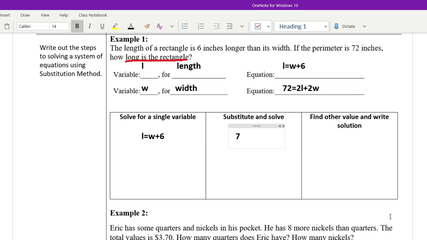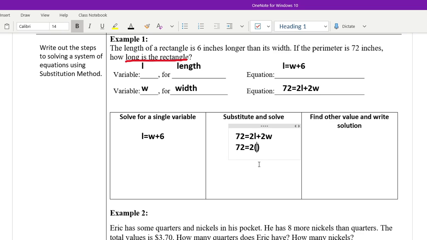So first we want to type it out, then show that we are replacing, in this case, the length L with our expression.